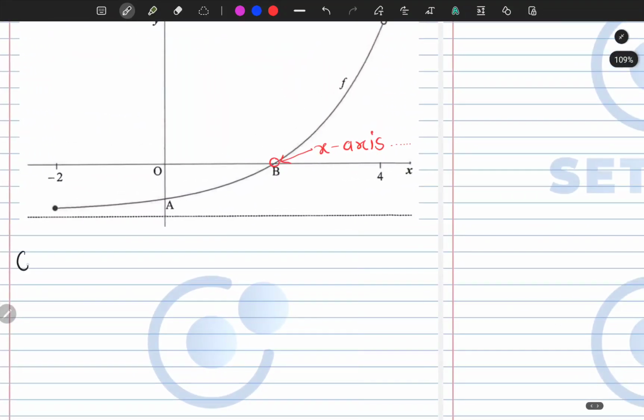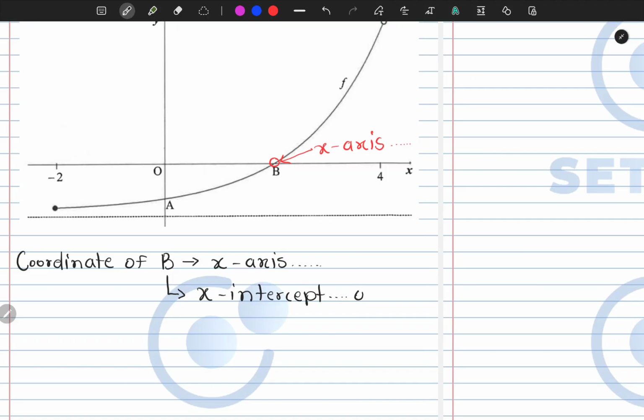Since we're looking for the coordinates of B, and our B happens to be on the x-axis, all we are looking for is the x-intercept of the graph of our f.